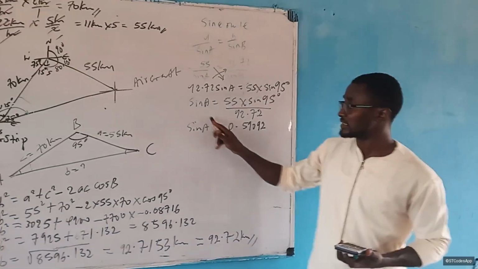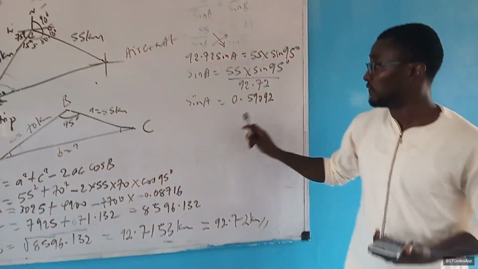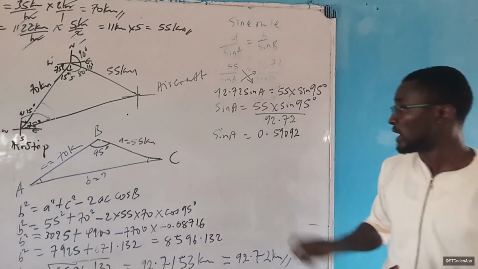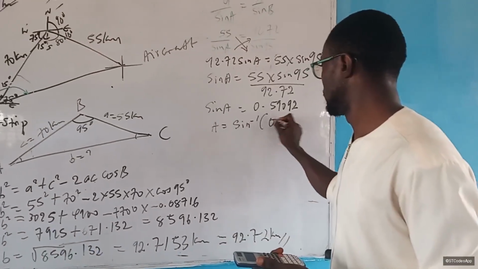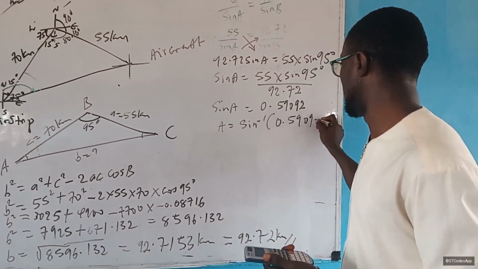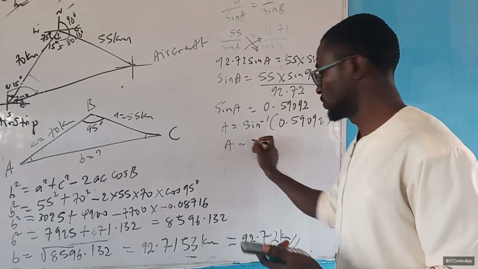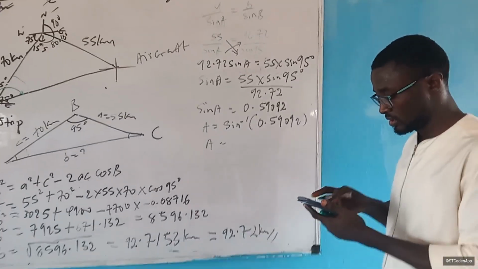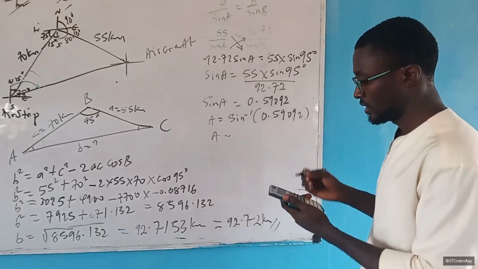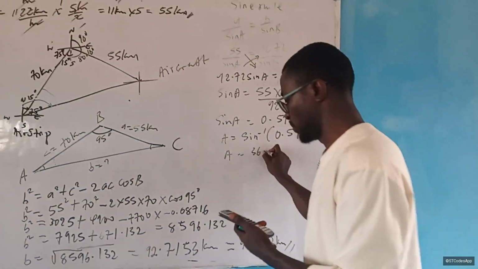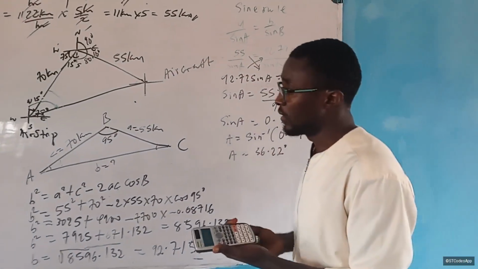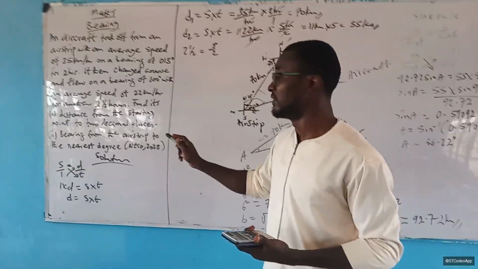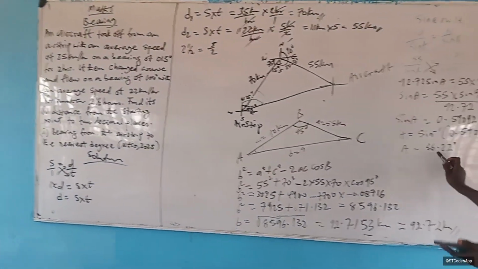We want to take the sine inverse of this to find our A. So our A will be equal to the sine inverse of 0.59092, and that gives us 36.22 degrees. Now we have to give our answer to the nearest degree. Mind you, this is not the bearing.